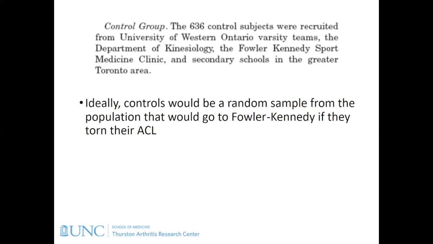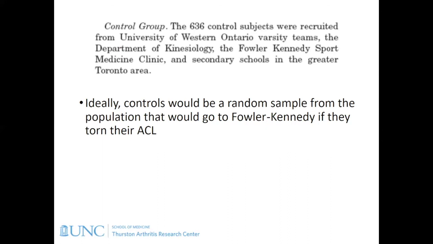So what would have been ideal was to have controls be a random sample from the population that would have gone to Fowler Kennedy if they would have torn their ACL. So sometimes it's not always clear to us who those individuals could be, but that could be something when you're initially recruiting, where you include on a questionnaire, if you were to have this type of an injury, where would you go for your care?